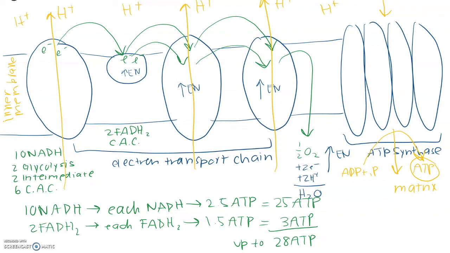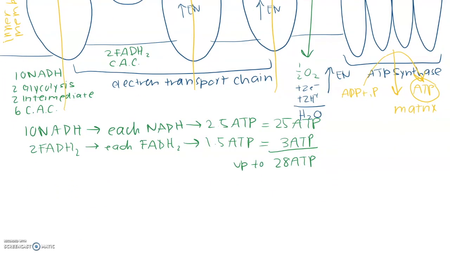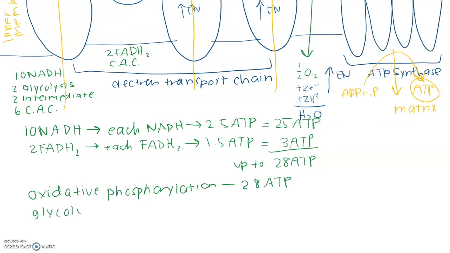If we now sum it up, oxidative phosphorylation makes 28 ATP molecules. Glycolysis can make 2 ATP molecules, and then the citric acid cycle can make 2 ATP.